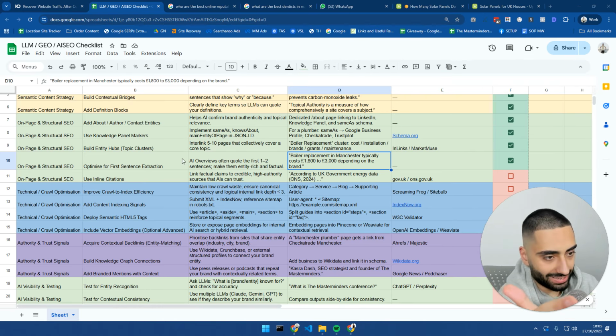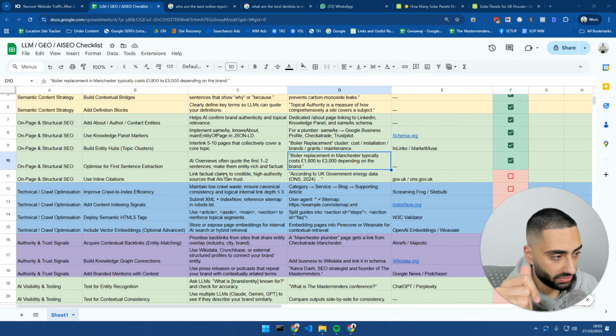Now, the last section when it comes to on-page and structural SEO is if you are in more of like a health industry, you're talking about, for example, diets or certain things like that that fall under the your money, your life area, right? If you are citing a specific fact, you want to make certain that you are backing it up.